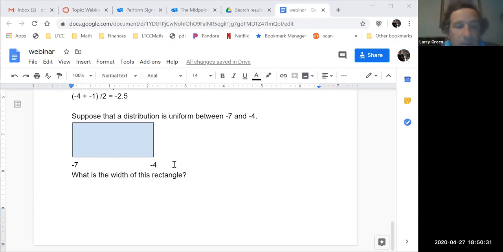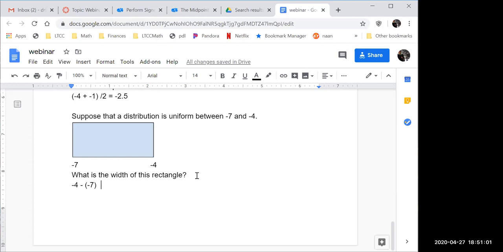Okay. So the width of a rectangle, if you remember, because we've looked at that before, is you subtract, you go the right minus the left. Do you remember that? So you go -4 minus a -7. And if I have -4 minus -7, what happens when you have a minus minus? Positive. Yeah, it becomes a plus.